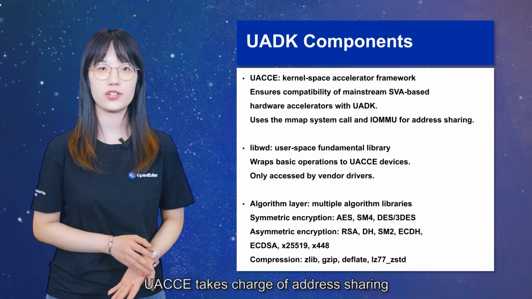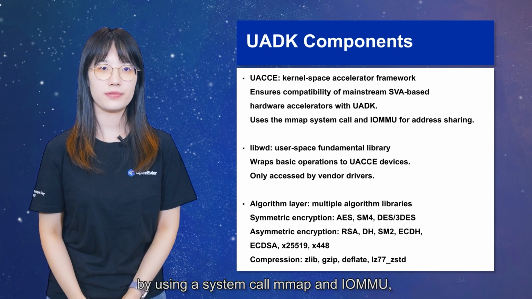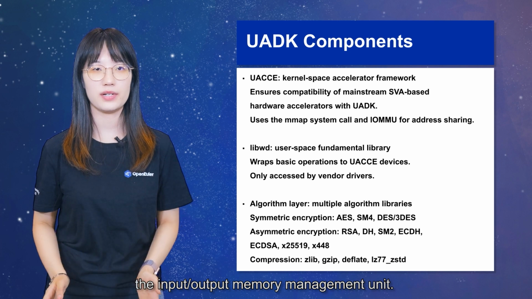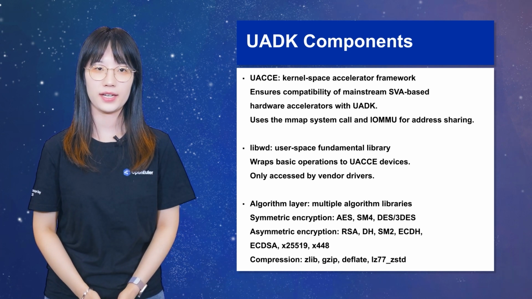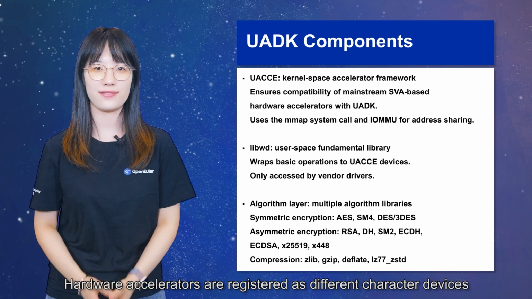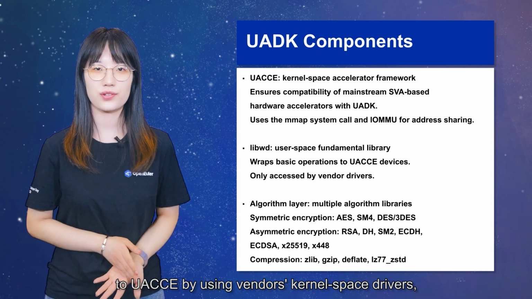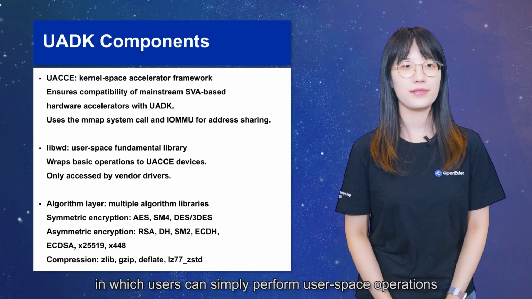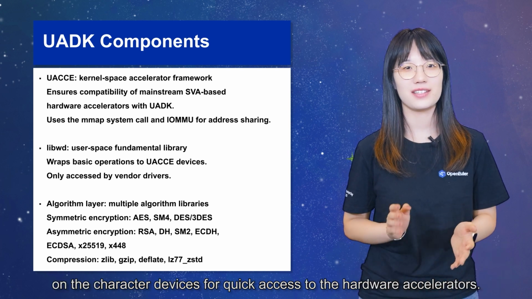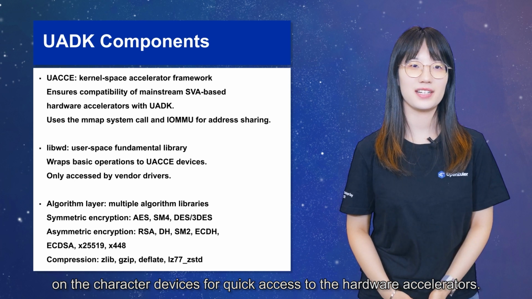UACCE takes charge of address sharing by using a system called mmap and IOMMU, the Input-Output Memory Management Unit. Hardware accelerators are registered as different character devices to UACCE by using vendors' kernel space drivers, in which users can simply perform user space operations on the character devices for quick access to the hardware accelerators.